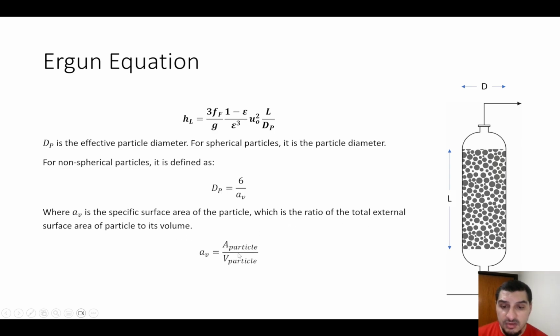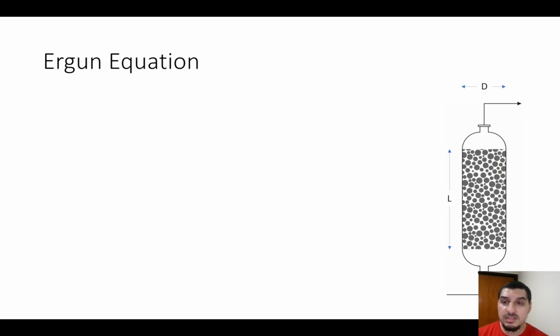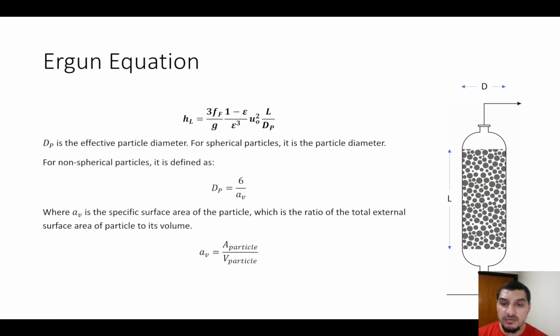So it's the area of the particle over the volume of the particle. AV has units of meter to the power -1, and here it will have units of meter. It's 6 over this. So for any shape, we can find its effective particle diameter.